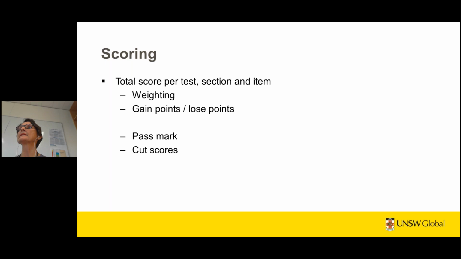So maybe A is 80% and above. So 80% is your cut score. And your B is 70 to 79, something like that. So you've got to organise and think about, depending on what your test takers need to do with your test, where do you want to put those cut scores?